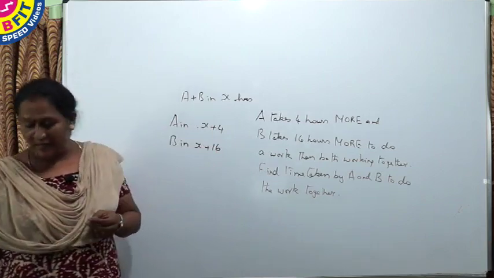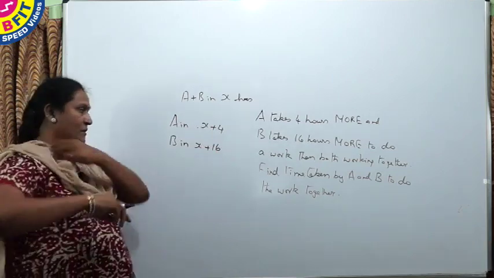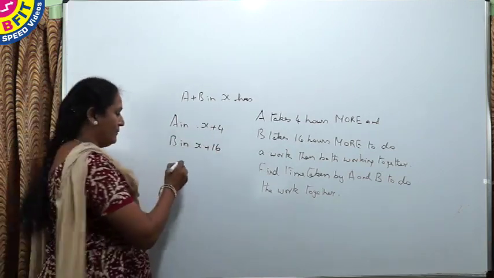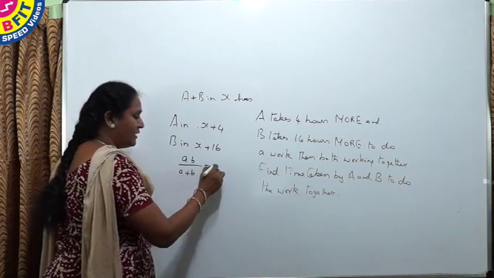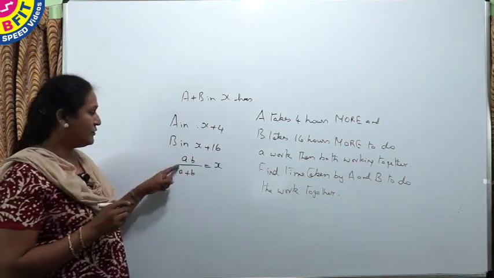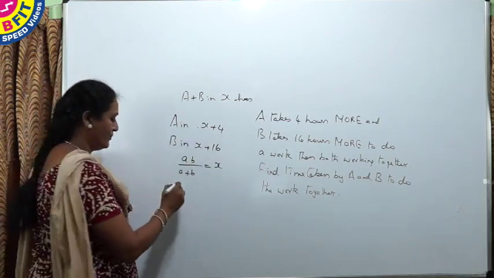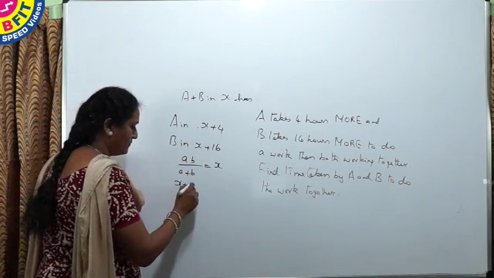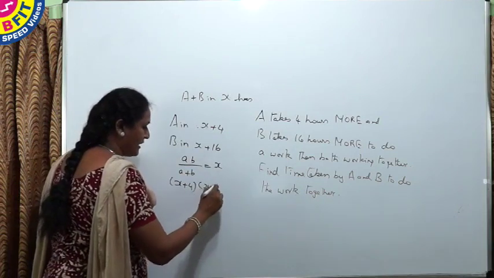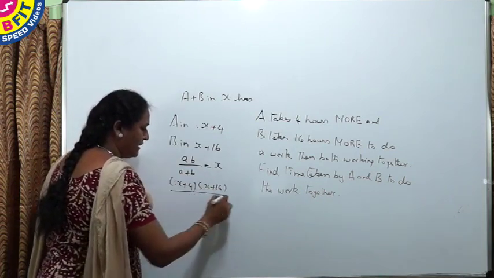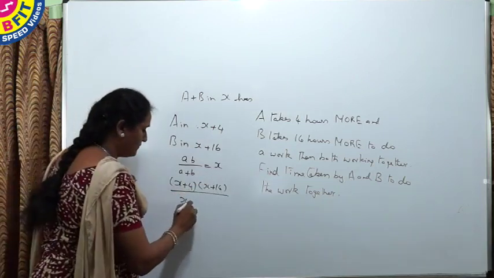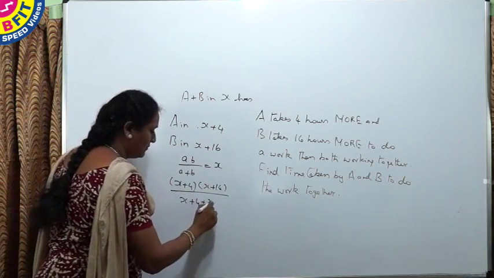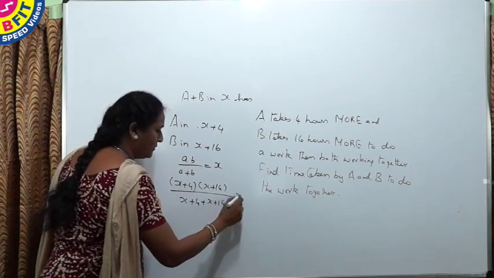So the time taken by both A and B is X. Substituting for A as X plus 4 and for B as X plus 16, we have X plus 4 into X plus 16 by X plus 4 plus X plus 16 equal to X.